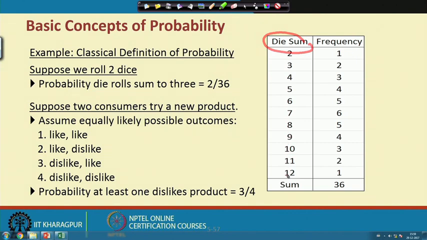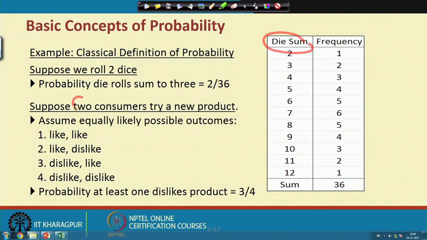And the frequencies for these sums are 1, 2, 3, 4, 5, 6, 5, 4, 3, 2, 1. This is the structure you have to follow, and it gives you exposure to understand the probability concept.